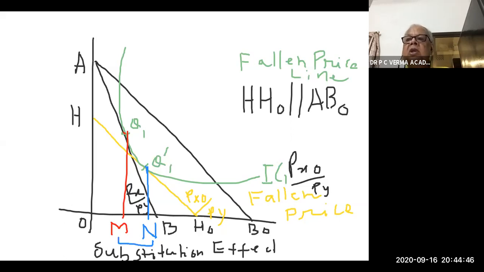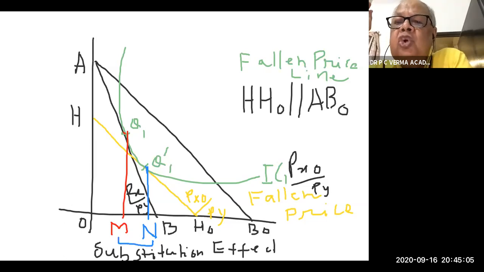HH0 is parallel to AB0. That means the fallen price line is AB0, and the fallen price line is also HH0.